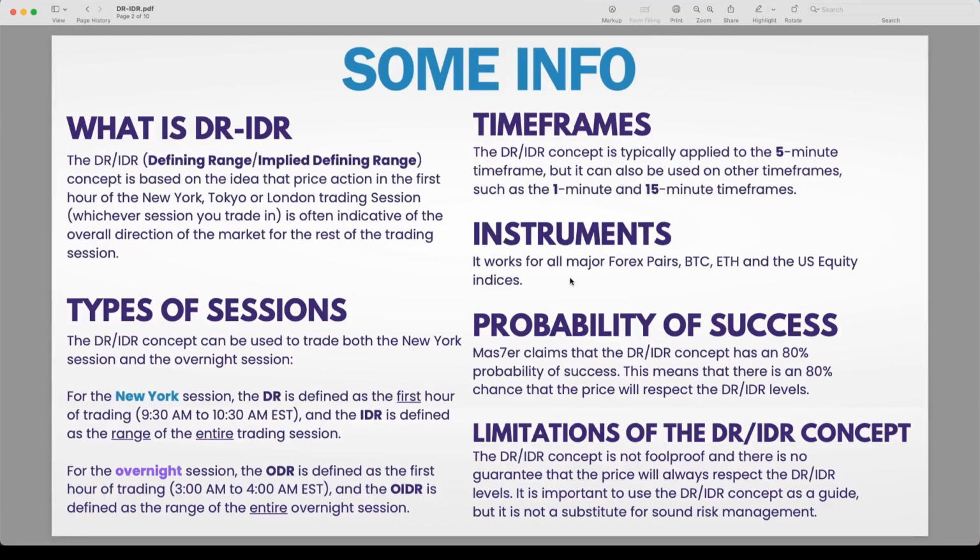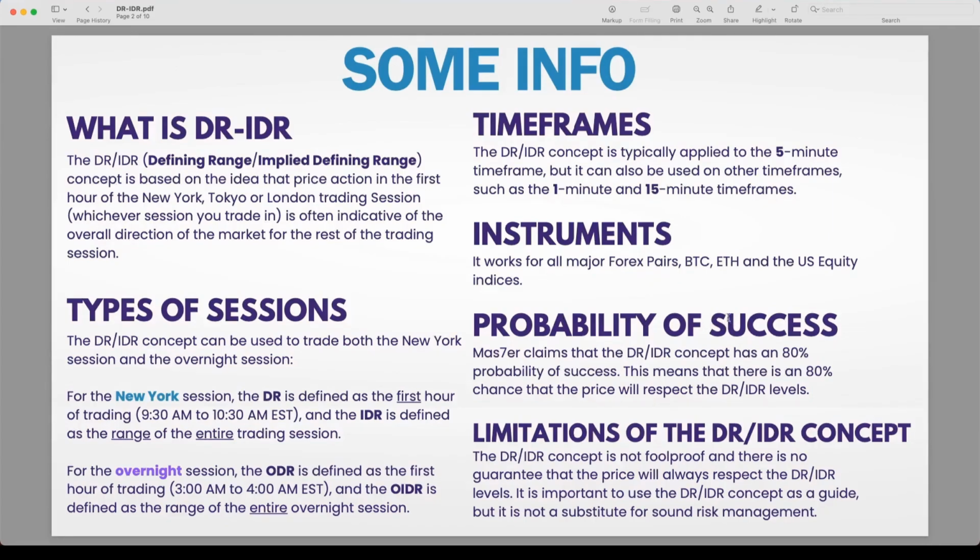It works for all major Forex pairs, Bitcoin, Ethereum, and US equity indices like NAS 100, S&P 500, and so forth. But typically, I would recommend you try it on Forex pairs just because it's the easiest to work with, but it does work on everything else. You just have to backtest it yourself.